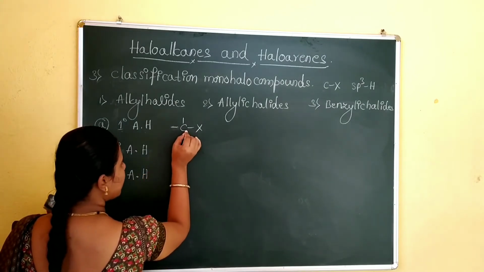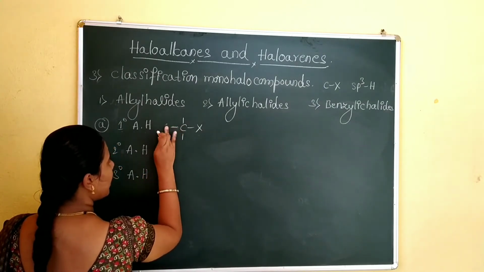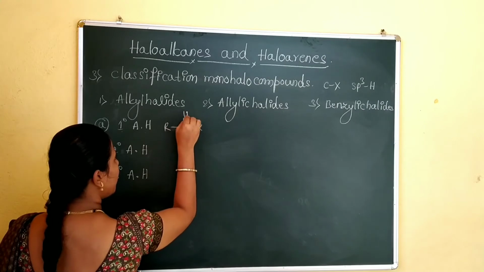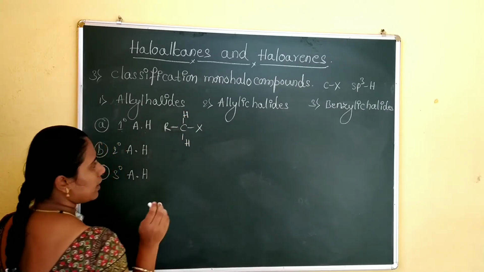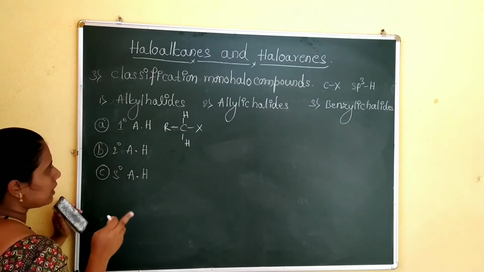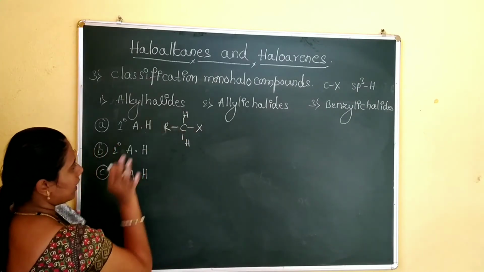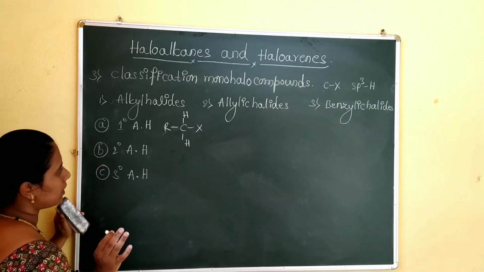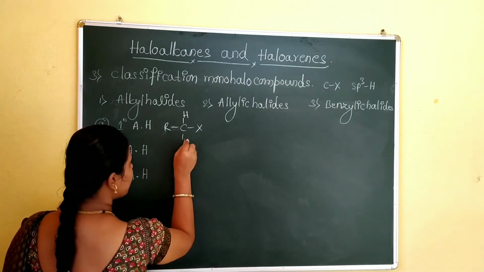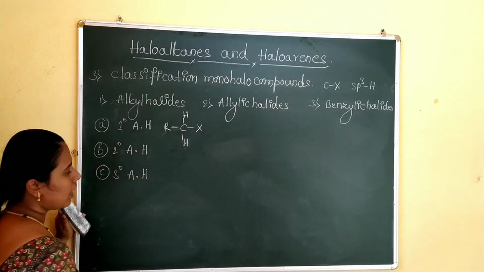A carbon atom is said to be a primary carbon atom if it contains 2 hydrogen atoms and 1 alkyl group. This is the general representation for primary alkyl halide.